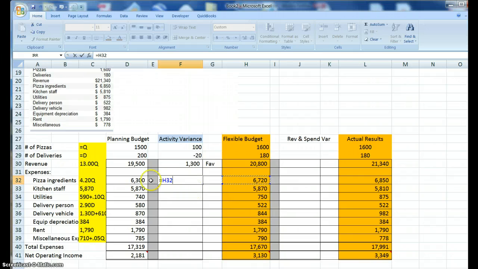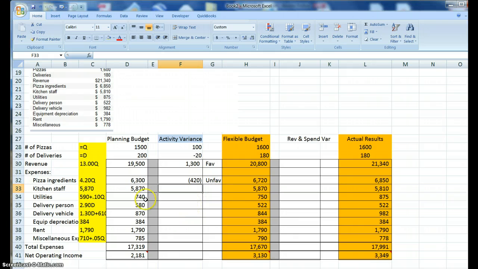So if I look at this, I want to take the 6,300 anticipated costs and subtract the flexible budget amount. So I'm doing the subtraction between the two, and this is going to be marked as unfavorable because the flexible budget actually shows that we're going to spend more than the plan.